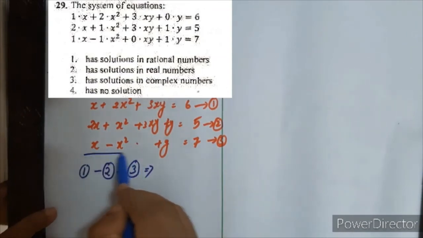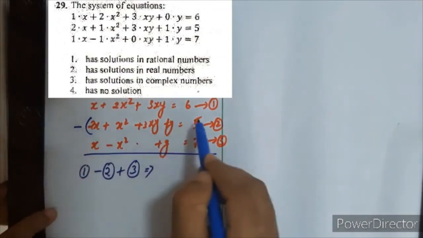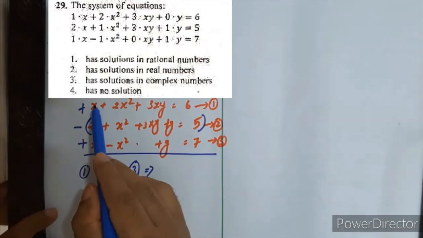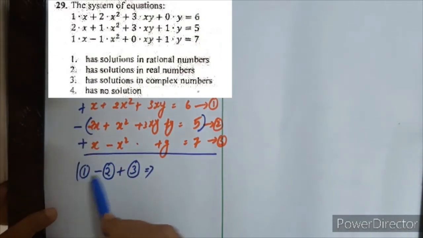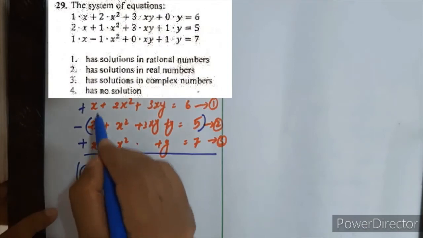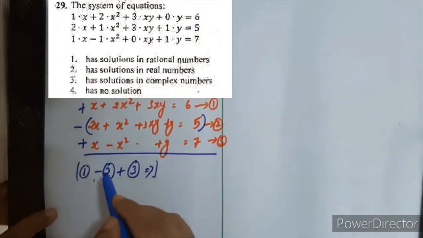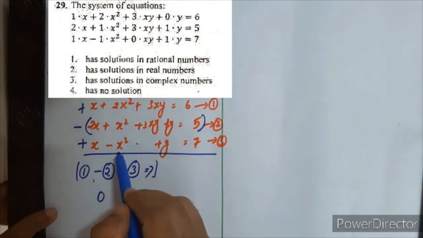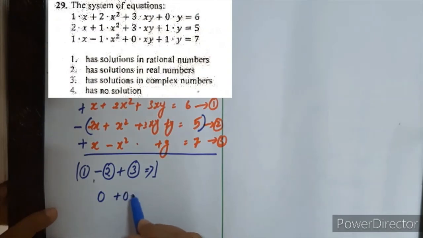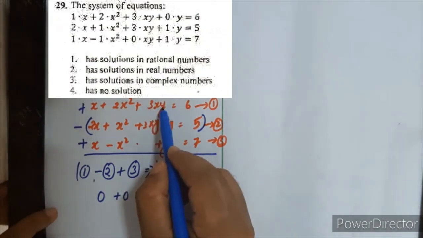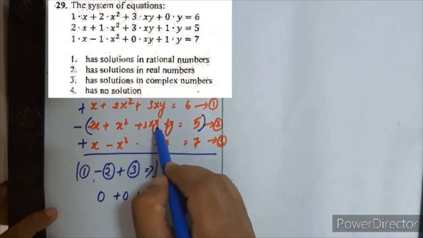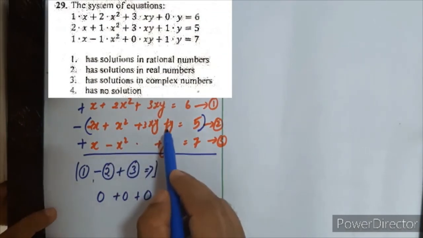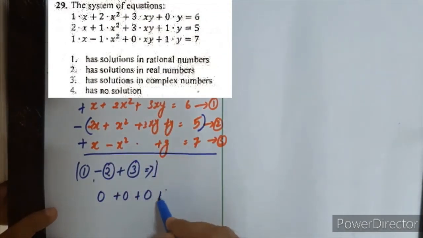Which implies, I'm subtracting this and adding both. Okay. So from here what I will get: x minus 2x plus x is 0, 2x square minus x square minus x square again 0, plus 3xy minus 3xy again 0, and here 0 minus y plus y again 0.